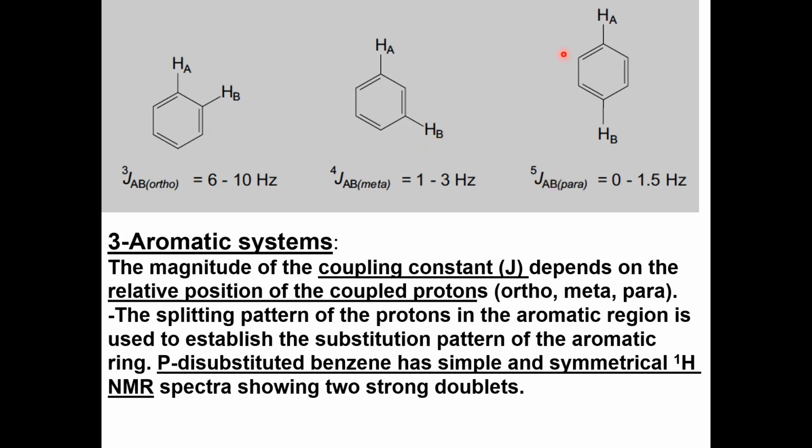And here we have J5. 5 bonds are separating the 2 protons. The value of the coupling constant decreases with an increase of the number of bonds separating these protons. The splitting pattern of aromatic protons provides structural clues to the type of substitution on the aromatic ring.